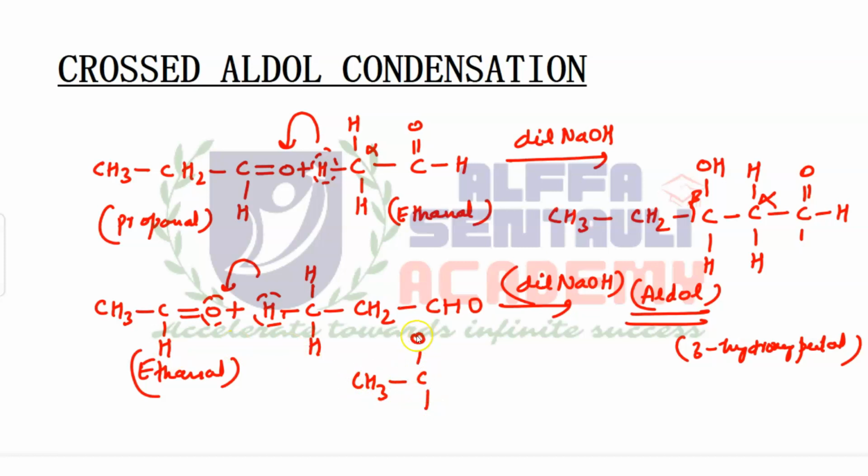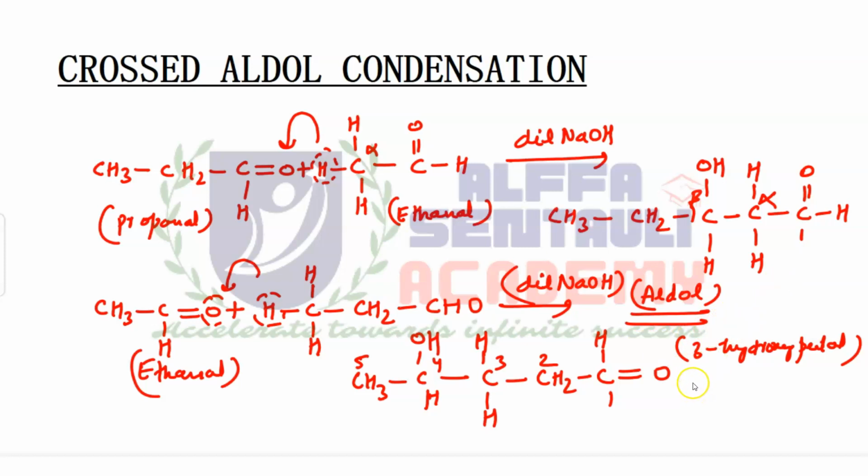So you will get like this, in this way, and then CH2 CHO, 1 2 3 4 5, the same number of carbon atoms. So are you getting the same compound or a different compound? Different compound.